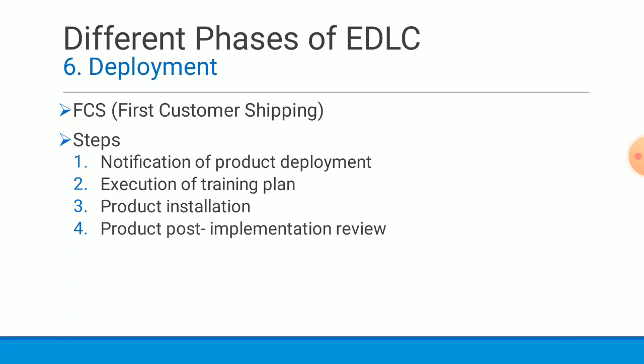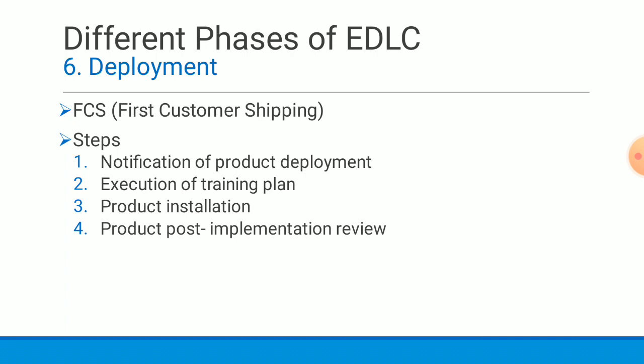The notification can be sent out through email, media, etc. And we have to mention some details like deployment schedule: what is the date, time and venue of deployment, then a brief description about the product, the targeted end users. If there are any extra features, we have to mention that. Then the product support information, including the support person name, contact number, contact mail ID, etc. So these things can be included in the notification mail or message.